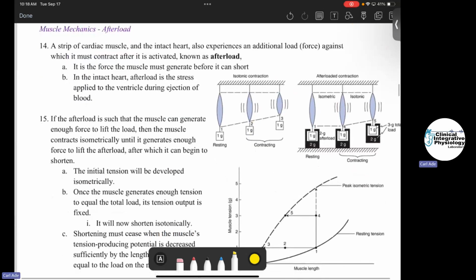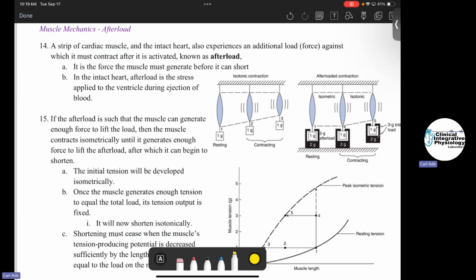Well, the heart doesn't work in isolation. It has to actually work for a living. That's where the concept of afterload comes into play. We're still going to stick with our strip of cardiac muscle, still at the cellular level. And trust me, this will all be really important when we start talking about the intact heart.